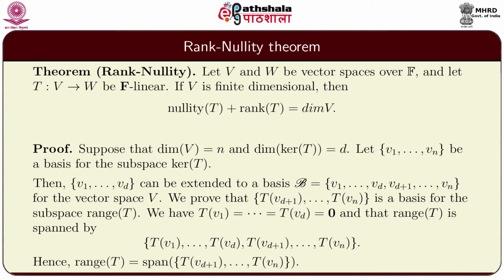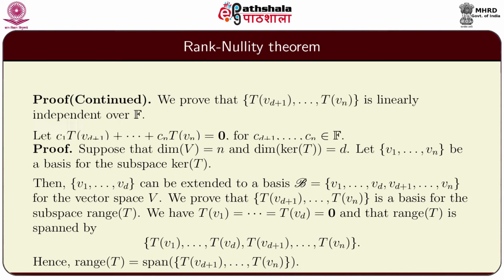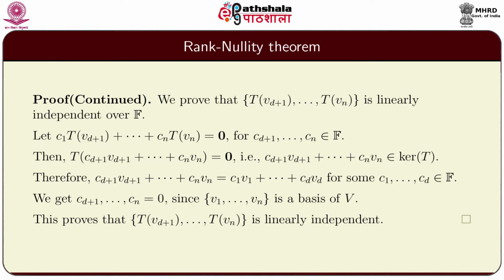Therefore, the range of T is indeed the span of the vectors T of v(d+1) and so on up to T of vn. The only thing that remains to be shown is that the set T v(d+1) and so on up to T vn is linearly independent over the field F.